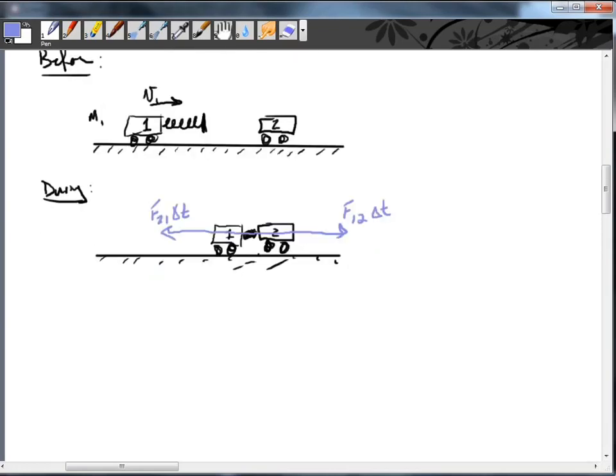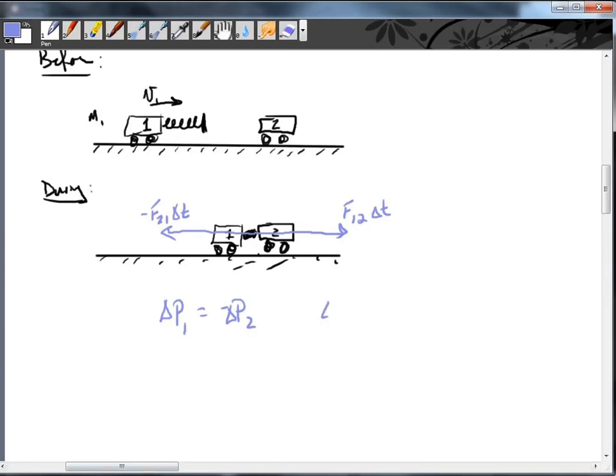These forces exert on each other over a period of time. Well, what do we know is force times time? We just defined it. No, force times distance is our work. Do not confuse these. Force times distance is work. Force times time is our impulse. So the change in the momentum of 1 is equal to, I'm sorry, this should be negative over here, the negative change in momentum of 2.